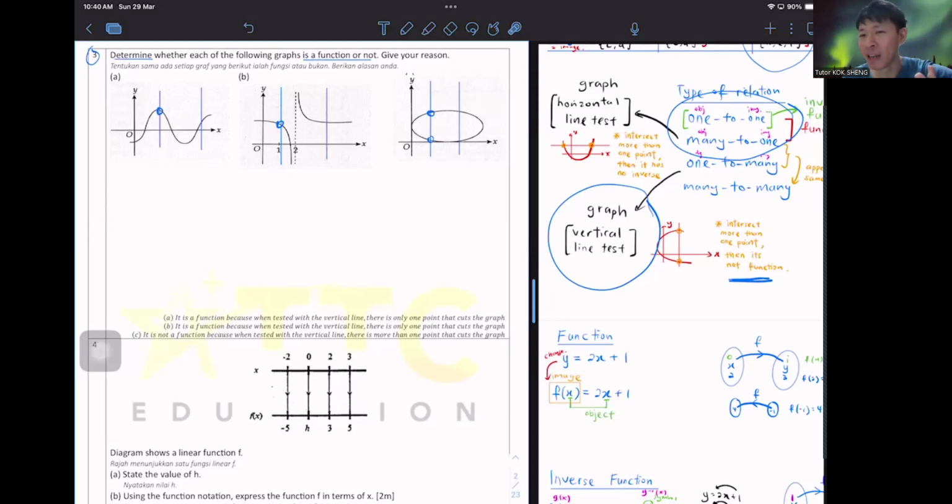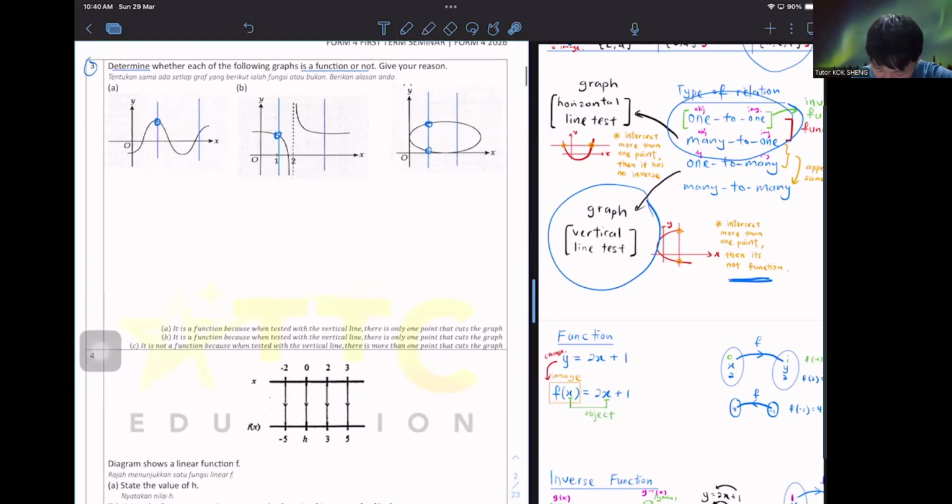I mean, actually quite straightforward. You can just follow the way that we do here to write the sentence out. So you can see the A here. It is a function, because when applied with the vertical line test, there is only 1 point that cuts the graph. Quite straightforward. No need to explain so many things. Okay, so number three, finished already.